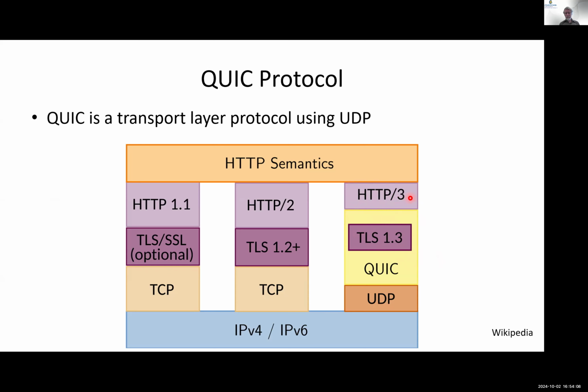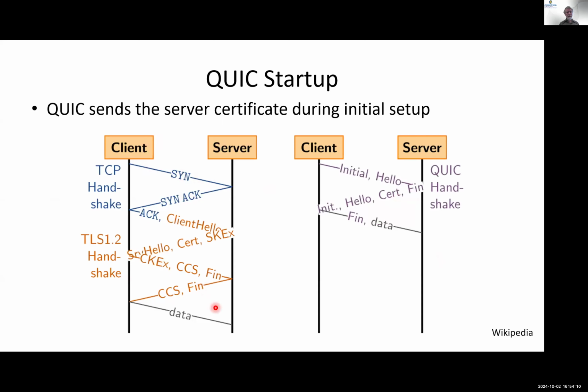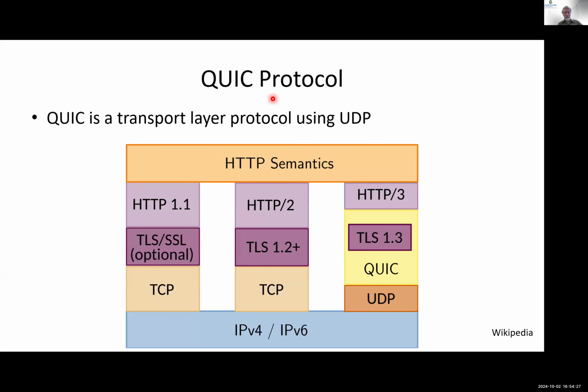A good example here is the startup, as we showed earlier, between a client and a server using TCP. It sends messages, okay, send the client hello, but QUIC assumes you're going to use transport layer security, which, by the way, you can see TLS sits in there.